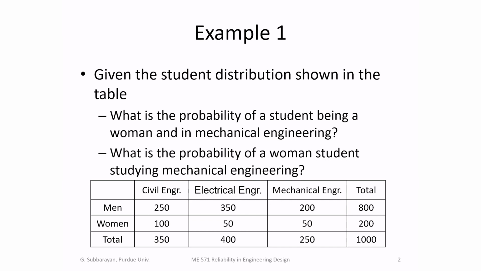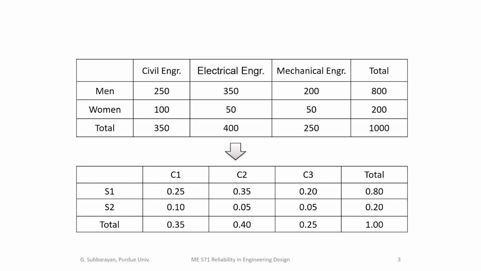So first thing we need to do is we have some raw numbers, and we need to turn them into fractions, and we need to define events. So what I'm going to do is to define events, C1 being the event that the student is in civil engineering, C2 being the event that any student is in electrical engineering, C3 being the event that any student is in mechanical engineering.